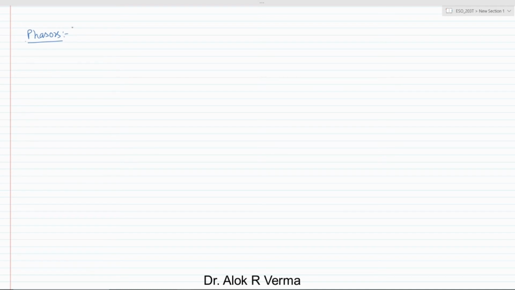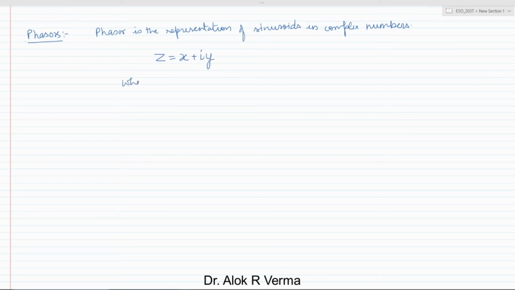So phasor is the representation of sinusoids in complex numbers. We know what a complex number is, where Z is the complex number.